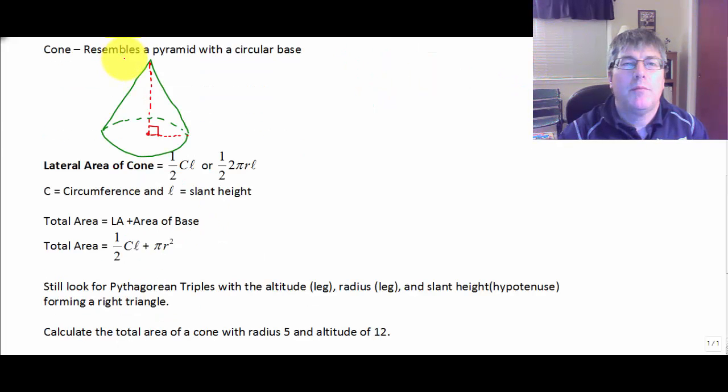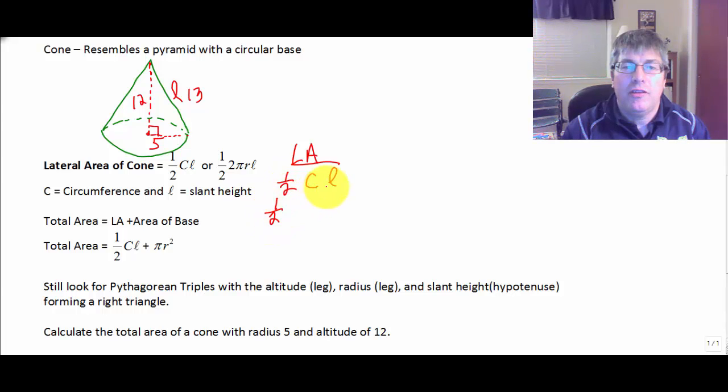So here's a sample problem to find the total area of a cone. Let's calculate the total area of a cone that has a radius of 5 and an altitude of 12. Well, then I know my slant height L will be 13. I've got a 5, 12, 13 right triangle made up of the radius, the altitude, and my slant height. So I know my lateral area will be 1/2 the circumference times the slant height.